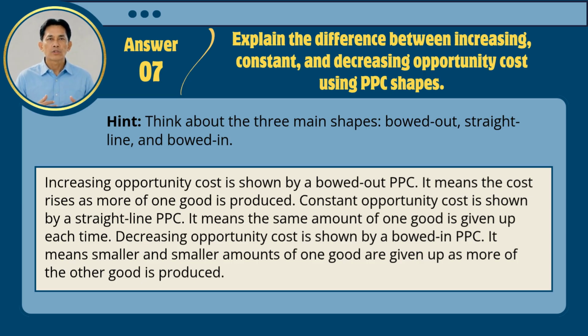It means the cost rises as more of one good is produced. Constant opportunity cost is shown by a straight line PPC. It means the same amount of one good is given up each time. Decreasing opportunity cost is shown by a bowed-in PPC. It means smaller and smaller amounts of one good are given up as more of the other good is produced.